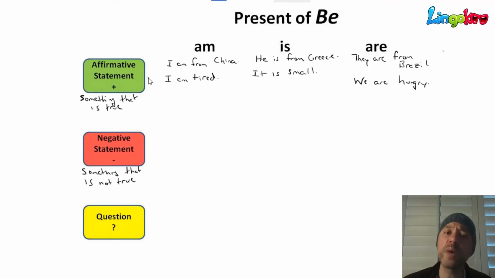What if I want to write the negative statement? Well, for writing the negative statement, what I'm going to have to do is write not after the be verb. So for example, here the be verb is am. I'm going to put not after it. So I'll write I am not from China.